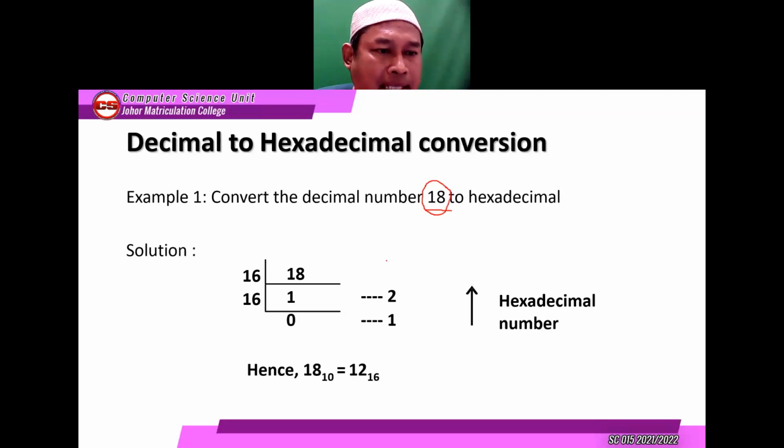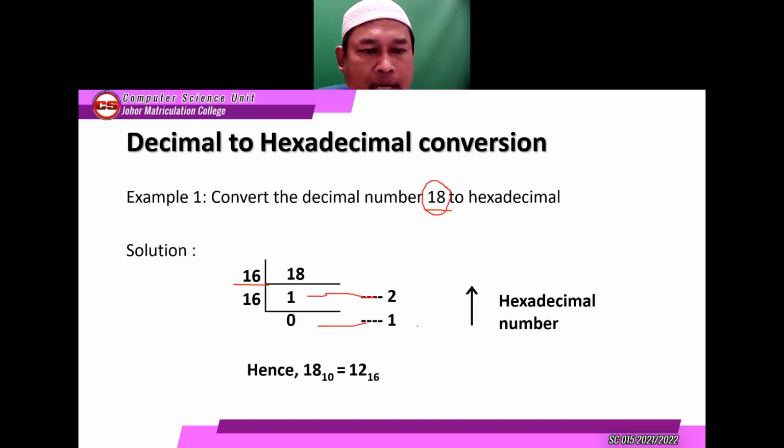So 18 divide 16, you have 1. And the remainder for 18 is 2. So 1 divide 16 is 0, remainder is 1.